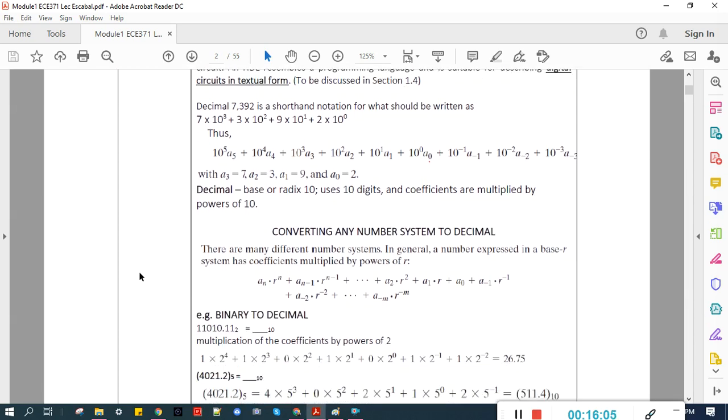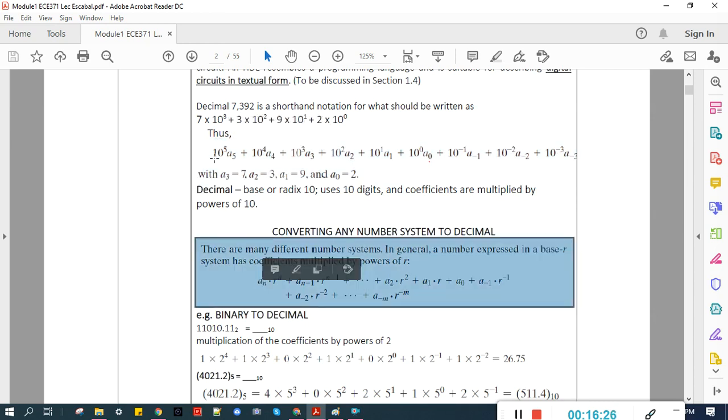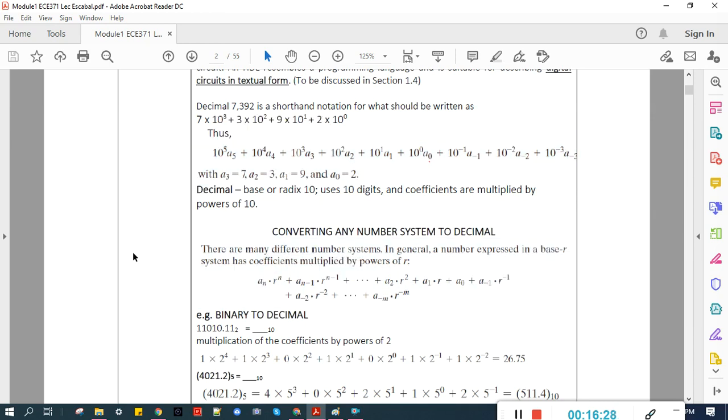Let's go to converting any number system to decimal. There are many different number systems. In general, a number expressed in base R system has coefficients multiplied by powers of R. Just like in our previous example, for the decimal, the powers are of 10, because our R is 10, that's our radix or base.